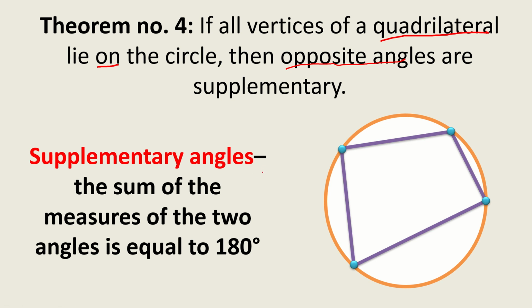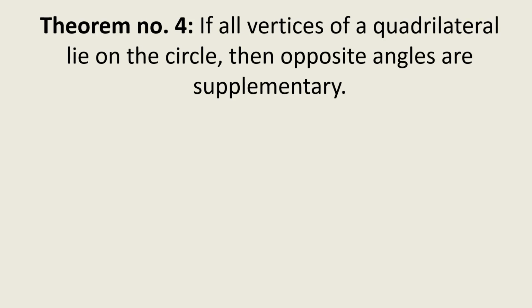When we say supplementary, the sum of the measures of the two angles is equal to 180 degrees. When we add the measures of two opposite angles, the sum should be 180 degrees. So let's look at the next figure.